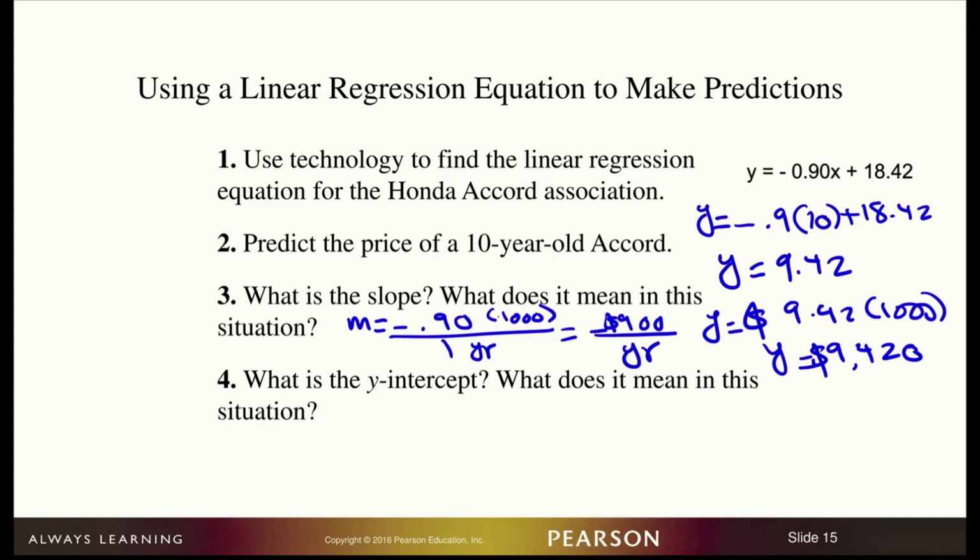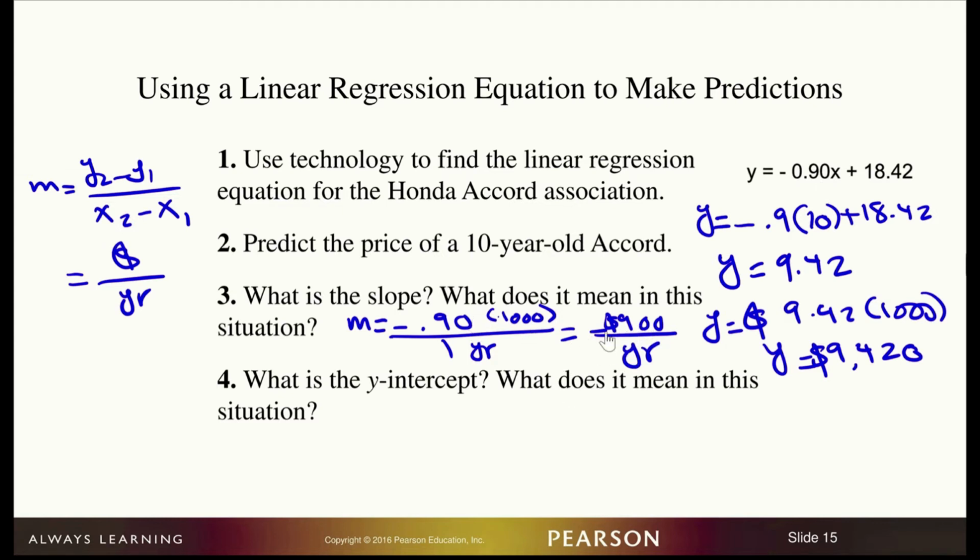When you interpret the slope, remember, the slope is the change in y over the change in x. Now, the y's are basically the prices, so that's going to be in dollars, right? And down below the x's, those are years. So the slope is negative $900 per year.